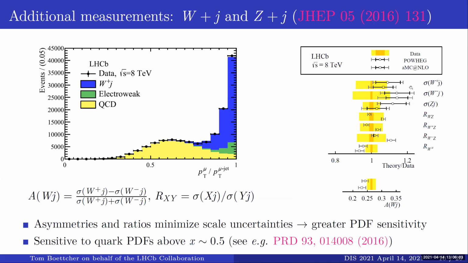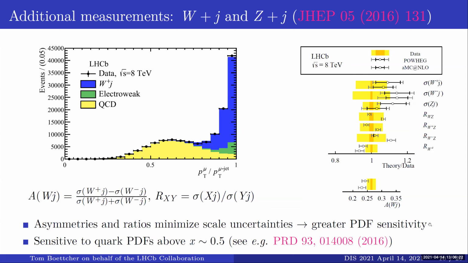For these theory predictions, the scale uncertainties are shown in the dark black bars, and the total uncertainties are shown in the light gray. To minimize these scale uncertainties, we can construct asymmetries and ratios.